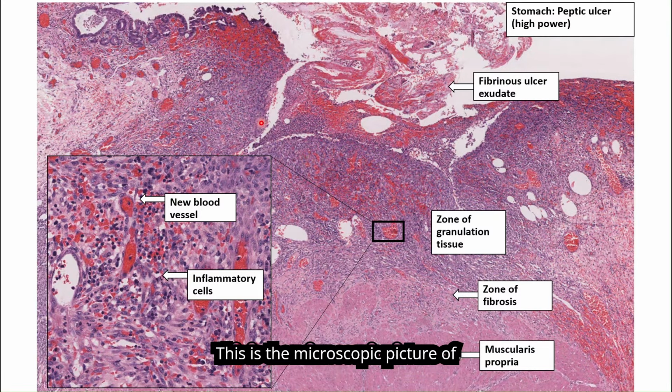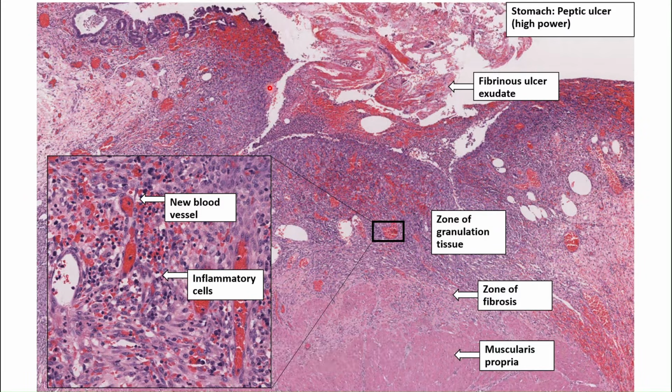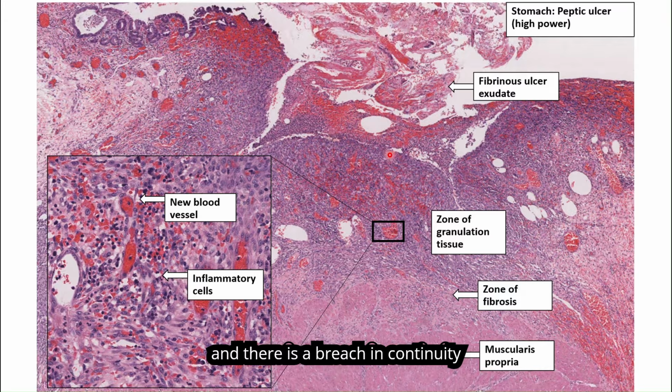This is the microscopic picture of peptic ulcer. Here you can appreciate normal gastric mucosa, congestion, and there is a breach in continuity of mucosa.